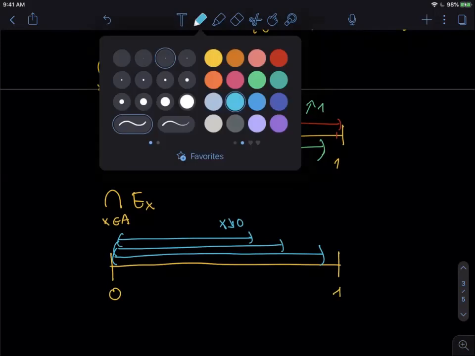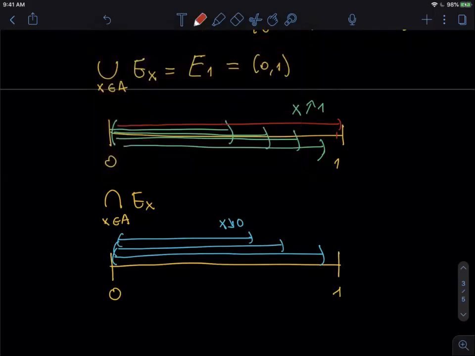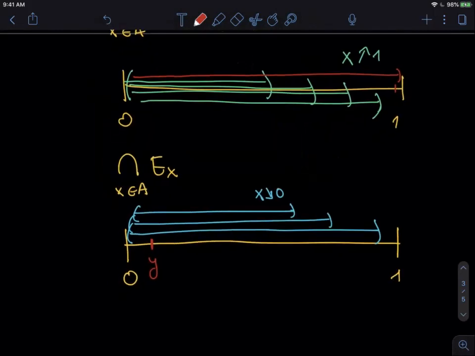Wherever you choose your y, you just need to wait, and eventually you will be on the left of that set.